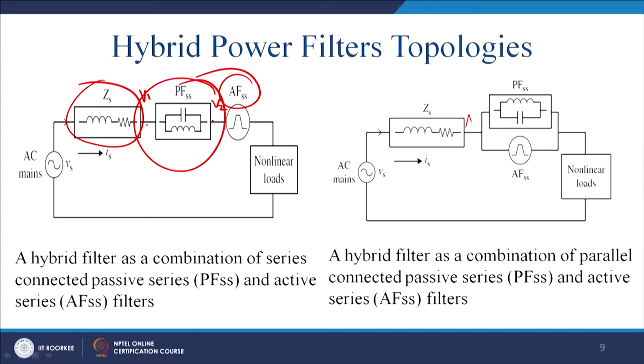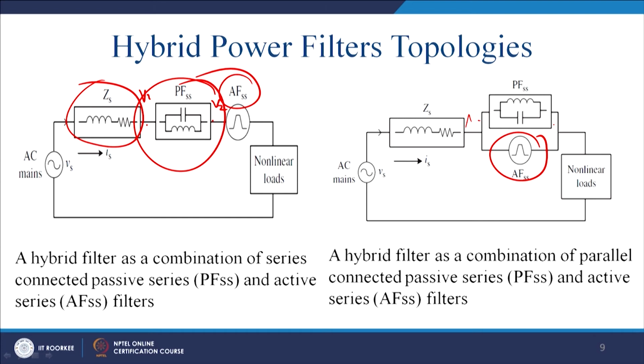Here in this case, it branches out the current, thus it does not see the total voltage, but whatever the voltage injection done by the series active filter, that voltage stress will come across it.